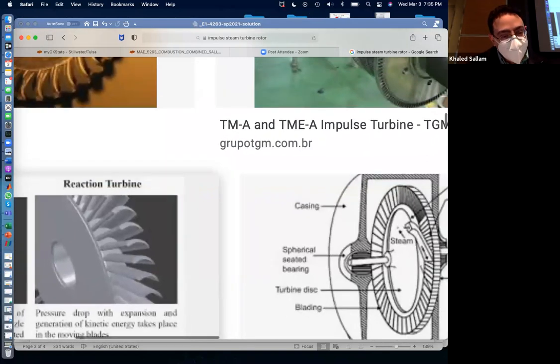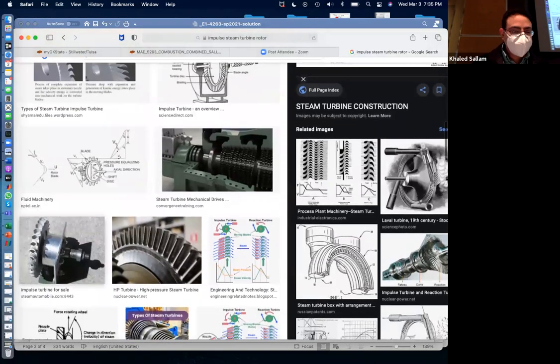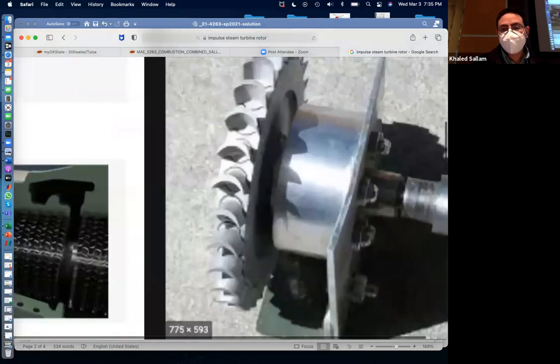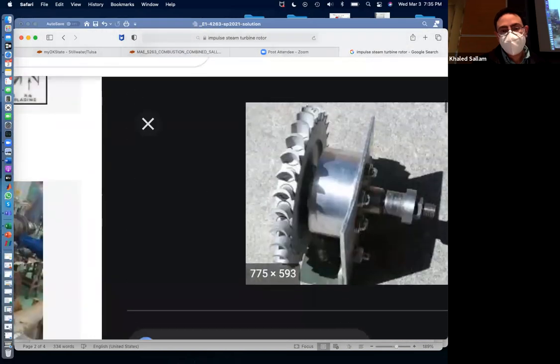If we look a little bit carefully, maybe we'll see that this inlet area is a little bit bigger than this because of the way the plate is built. Look at this one. So I guess by changing the angle, you can change the speed up of the flow inside the rotor.